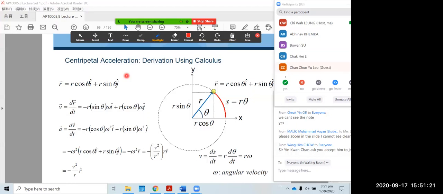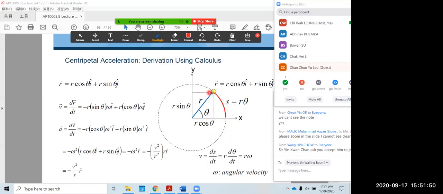And for those who are really mathematical in terms of the thinking, here we provide another mathematically elegant method to prove the equation. The idea is we can rewrite the trajectory or the location of a particle moving in a circular path by such an equation.